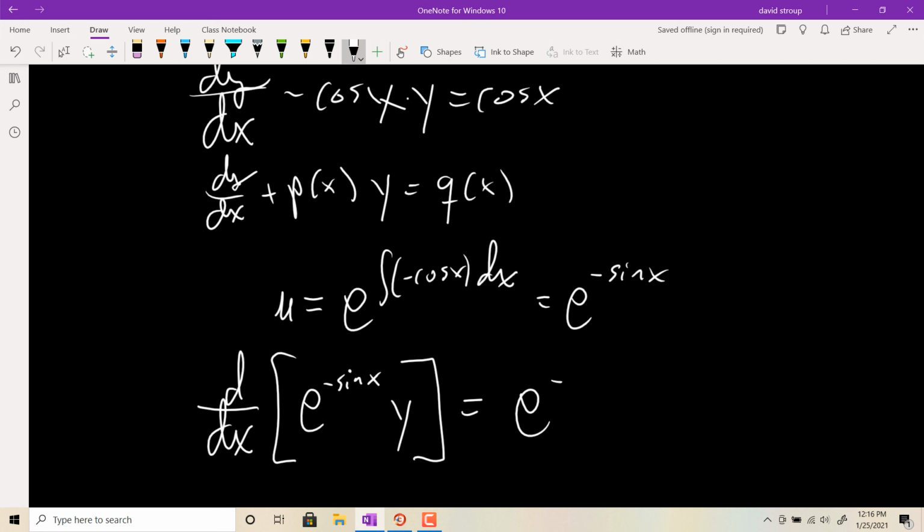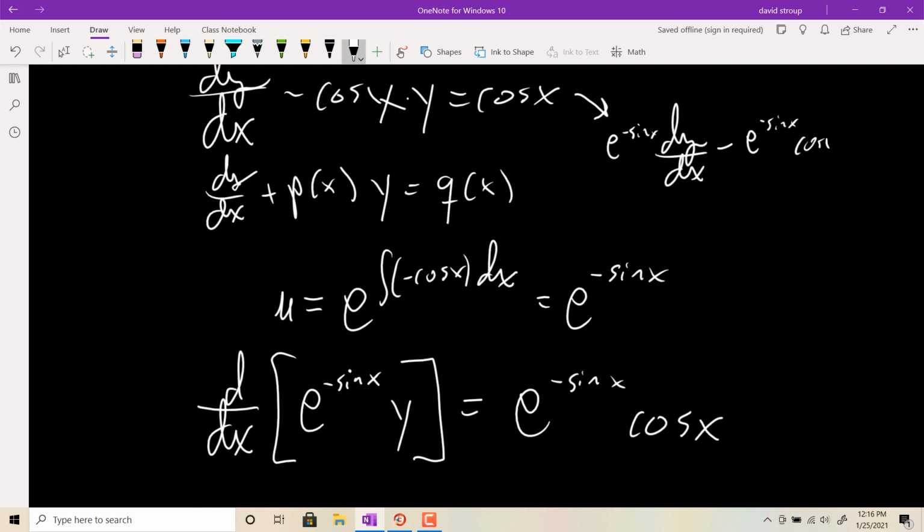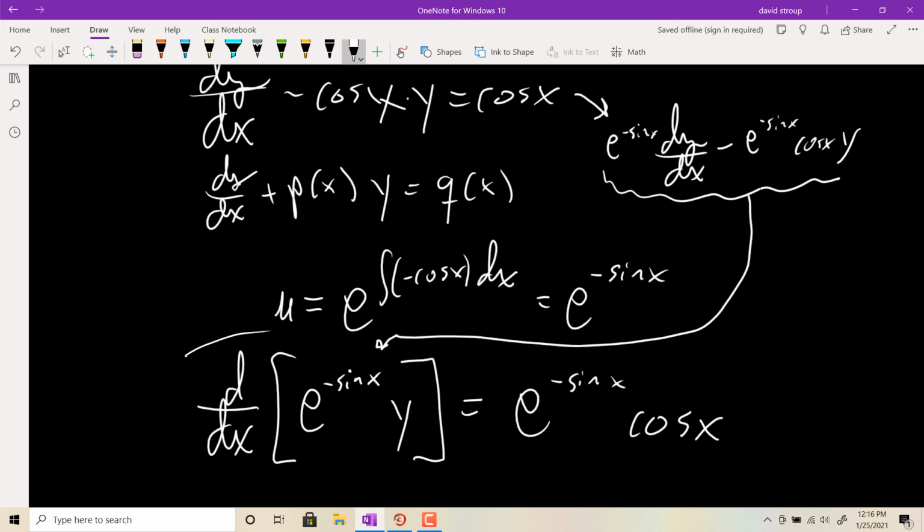On the other side, you have e to the negative sine x times cosine x. So don't forget, what you're really doing is multiplying everything by e to the negative sine x. So really, you have e to the negative sine x dy over dx minus e to the negative sine x cosine x times y, and this junk turns into this stuff here.